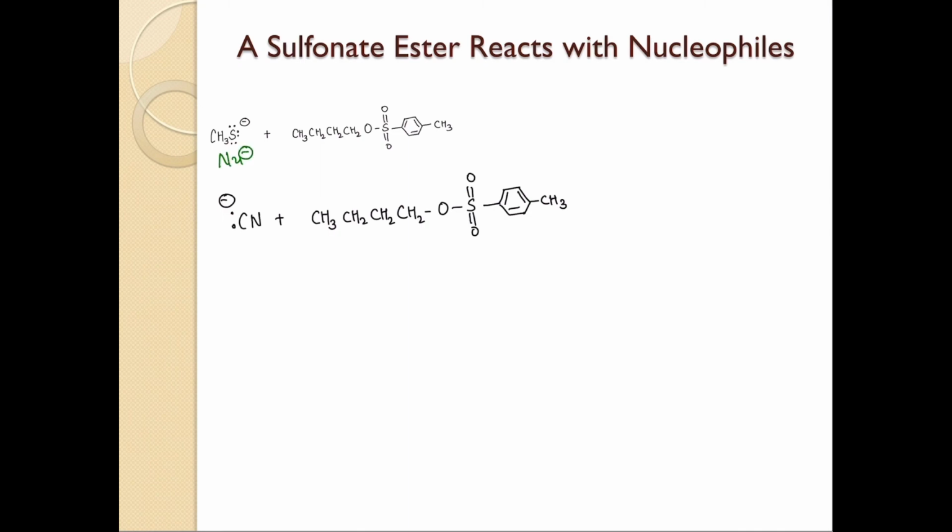Remember, this reaction only happens with primary and secondary alcohols, and therefore you are going to get primary and secondary sulfonate esters, right? Remember, the SN2 reaction does not happen with tertiary alkyl halides or tertiary compounds. So the nucleophile will attack this carbon from the side opposite to the leaving group, and the leaving group is going to leave. Let's write down the products.